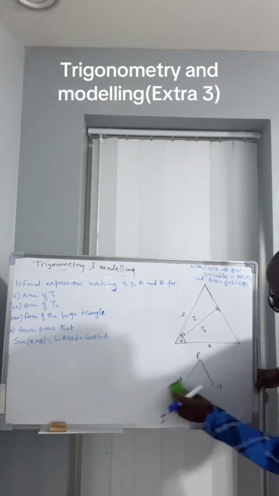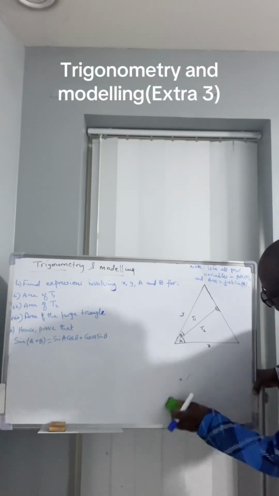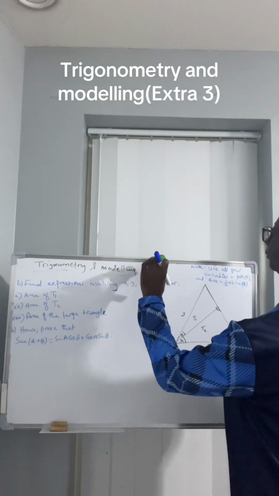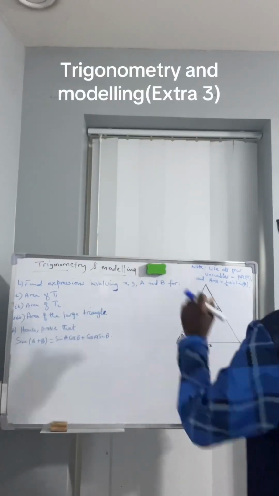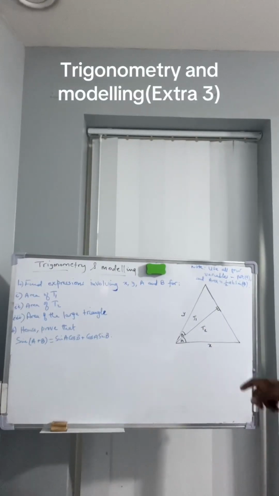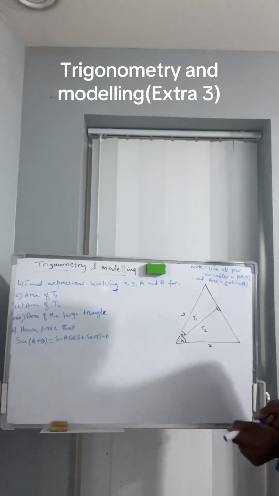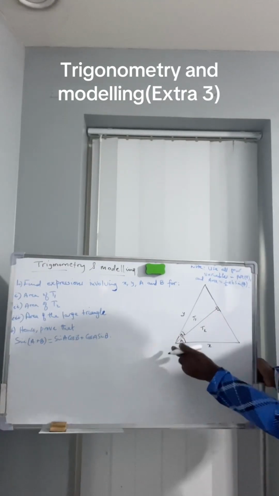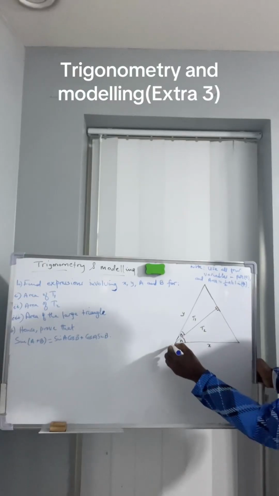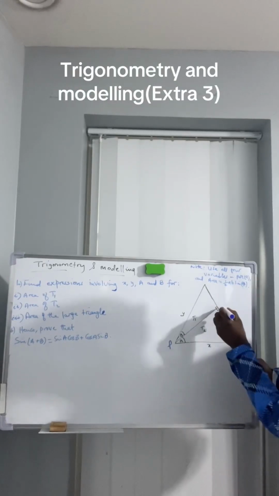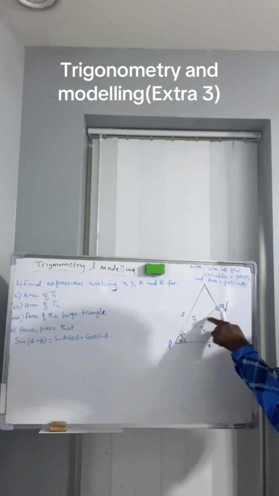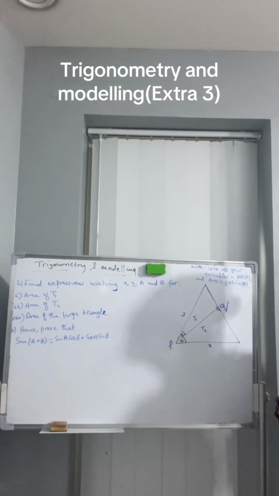So in order for us to be able to do that, we have to consider triangle T2, because what we need here is this length. If I say this line is PQ, yeah?